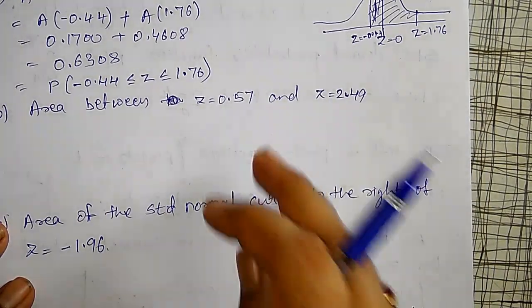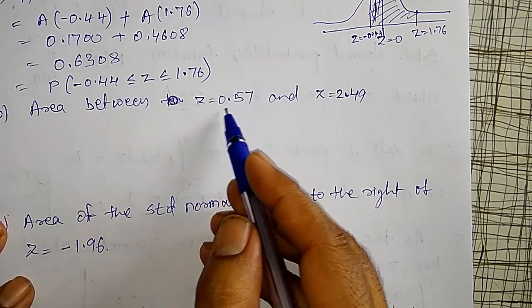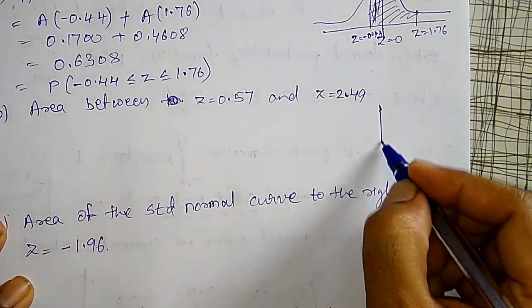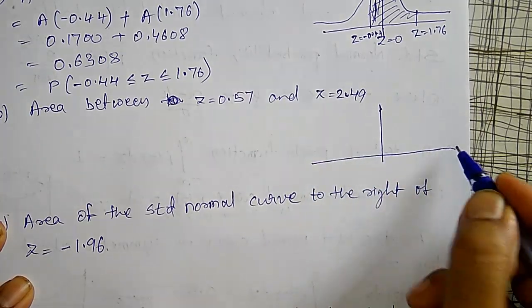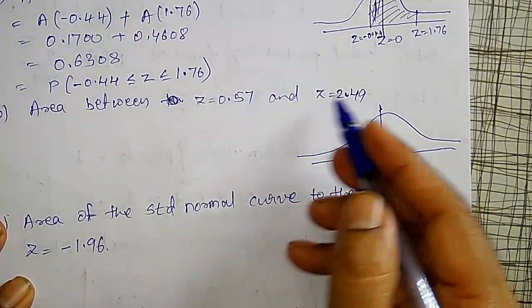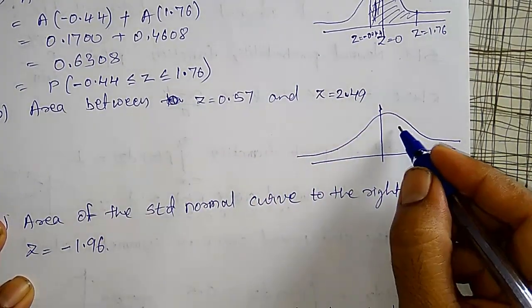Like that, how to find the area between z equal to 0.57 to z equal to 2.49. First of all, draw a simple curve so that you will understand which area I have to find out. Both are positive here, both are lying on the same side.